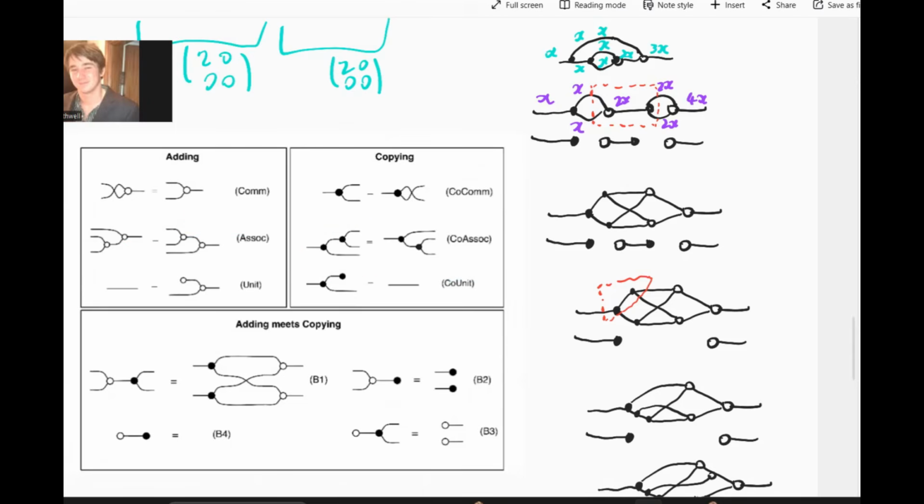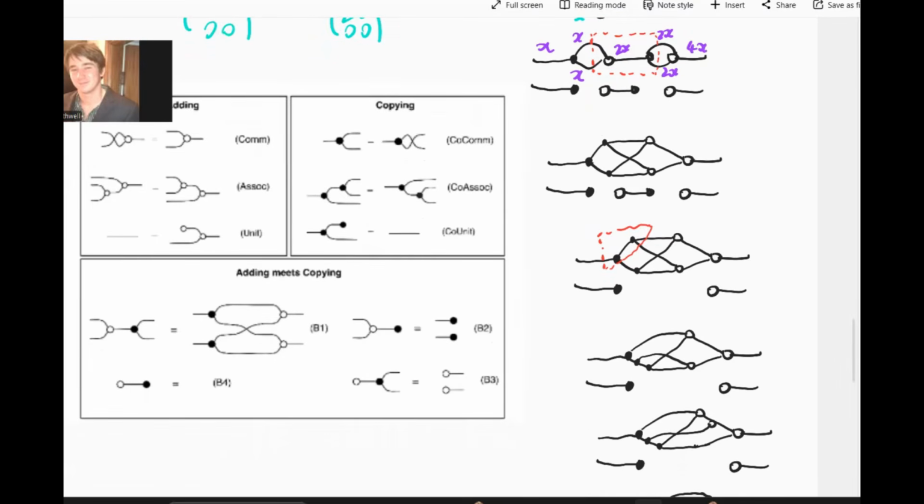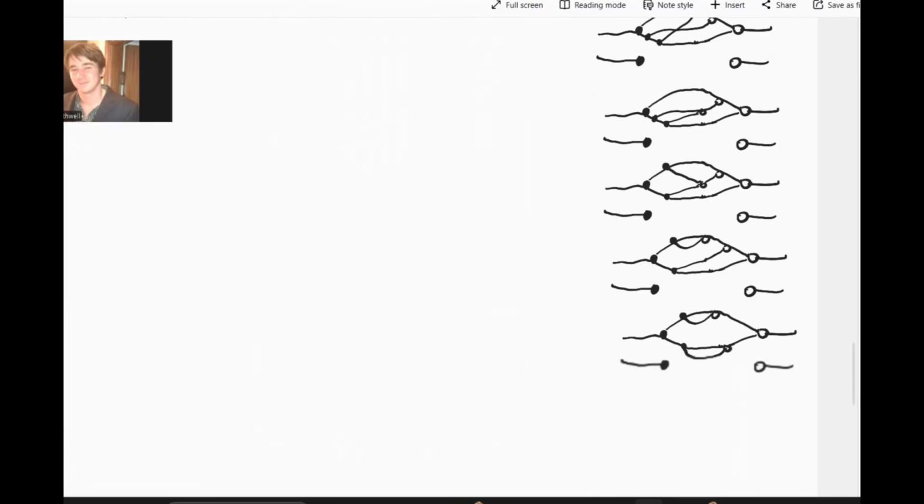And you saw how we did this until eventually we're able to transform the picture into this. So what is this? Well, our input x comes in, and then we copy it. And then this basically multiplies by 2. So we end up with a 2x here and a 2x here. And then we're adding them.